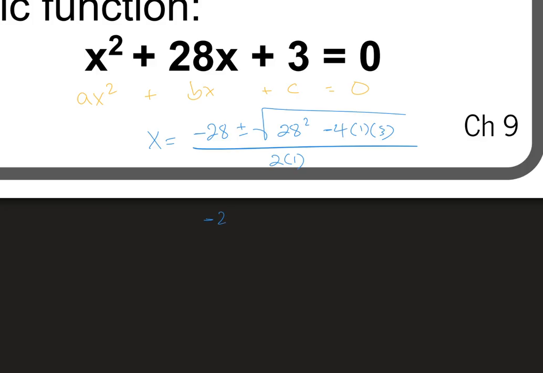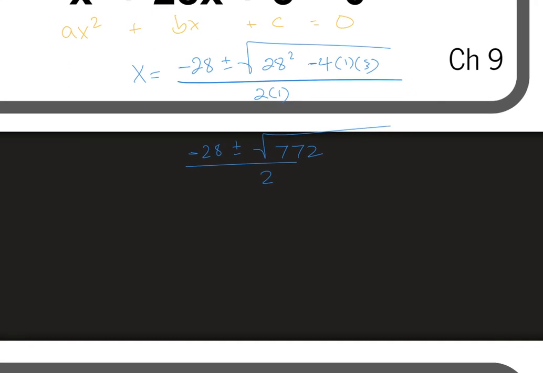Alrighty, negative 28 plus or minus the square root of, I'm definitely using a calculator to do 28 squared minus 4 times 1 times 3. It's 772, which is fine until you realize it's a bummer of a square root because it only ends up being this, watch. It is 2 times the square root of 193.